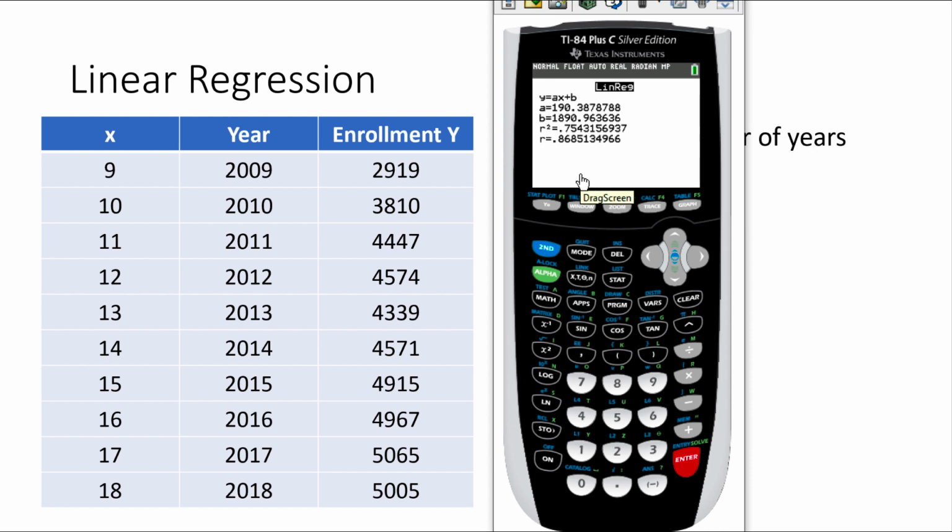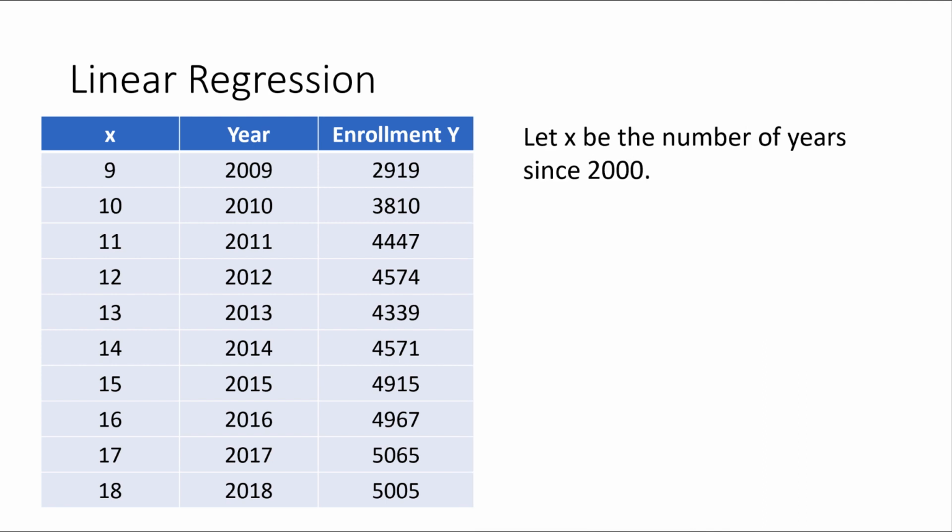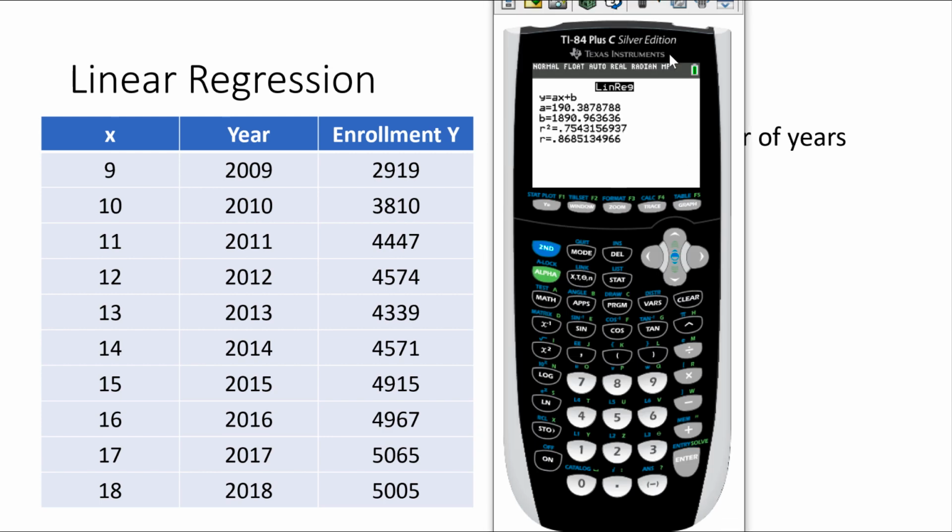So if we were asked for our correlation here, we could jot that down. All right, so our equation, let's call that 190.39. So y equals 190.39x plus 1890.96.